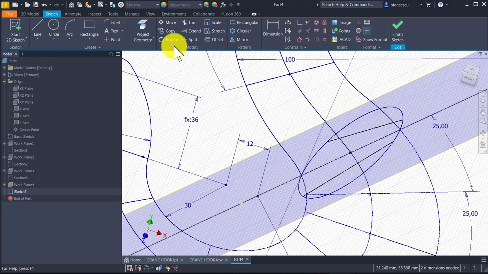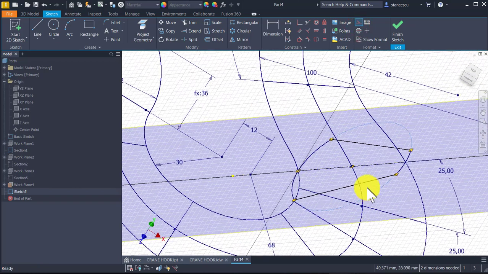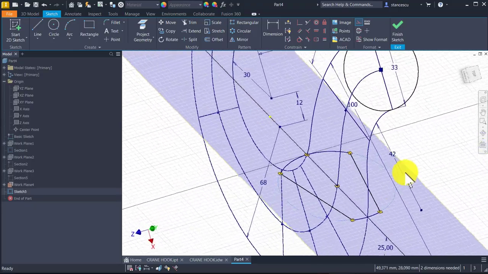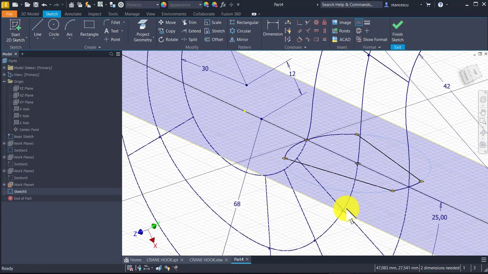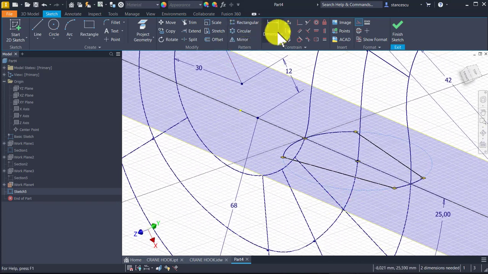We have to apply split to the two arcs and make them construction in order to have a contour with correct sides. Now we apply the scheme, our scheme.